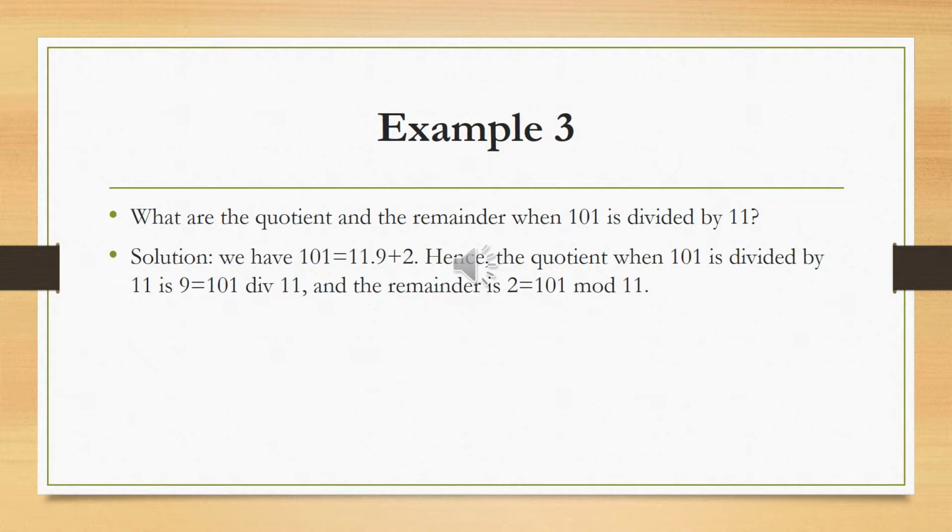Hence, we can say the quotient when 101 is divided by 11 is 9, because 9 is equal to 101 div 11, and the remainder is 2, because 2 is equal to 101 mod 11.